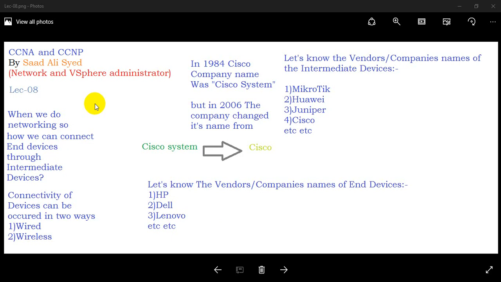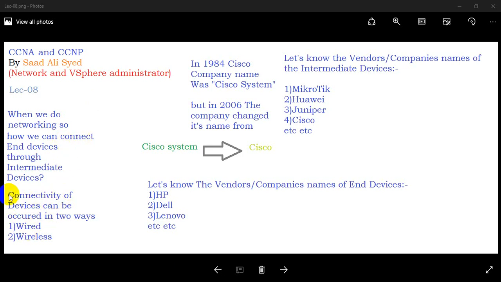So how can we connect end devices through intermediate devices? End devices send and receive the traffic, and intermediate devices forward the traffic from one end device to another end device. So the answer is connectivity.